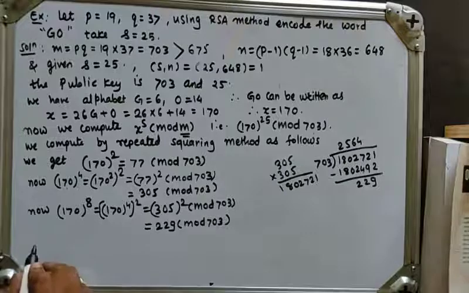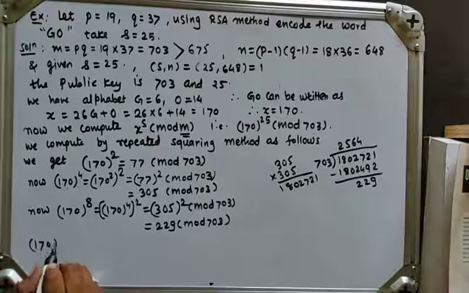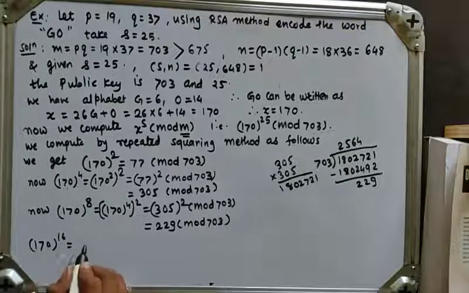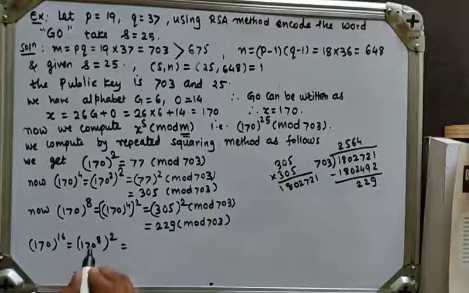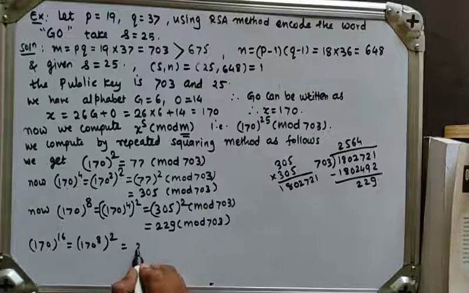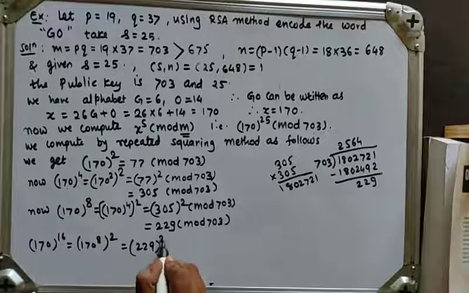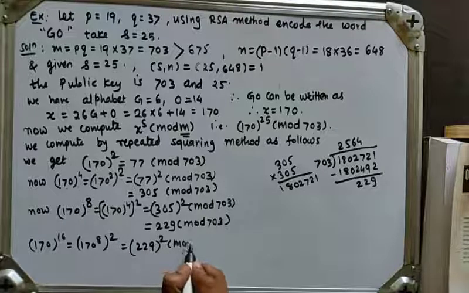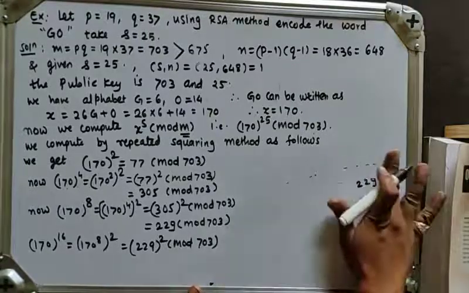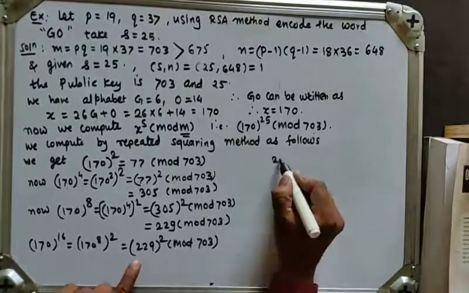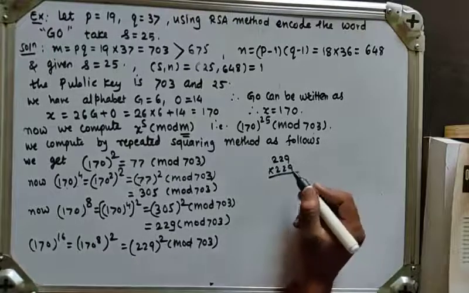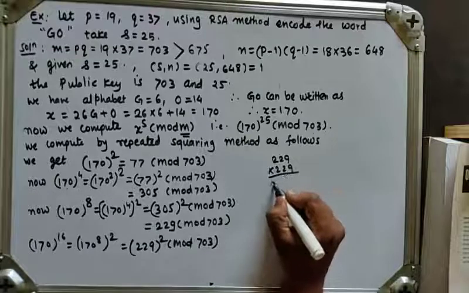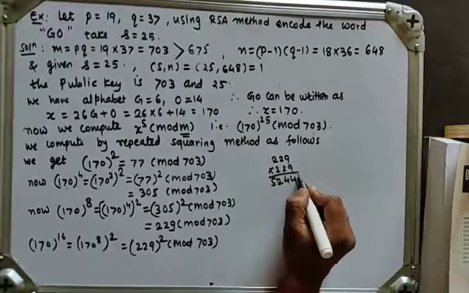Now next we have to calculate 170 raised to the 16th power. It can be written as 170 to the 8th power, squared. So 170 to the 8th power has value 229, squared, with modulo operation 703. The product of 229 into 229 is 52441.